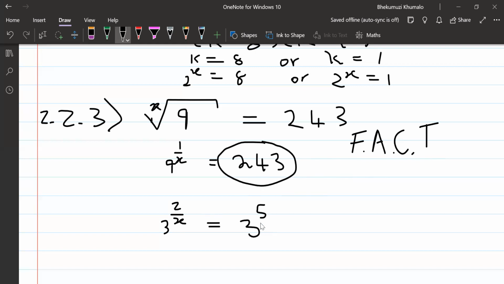Then you get the answer in exponential form. Now, actually, this is quite interesting, but let me not go there.